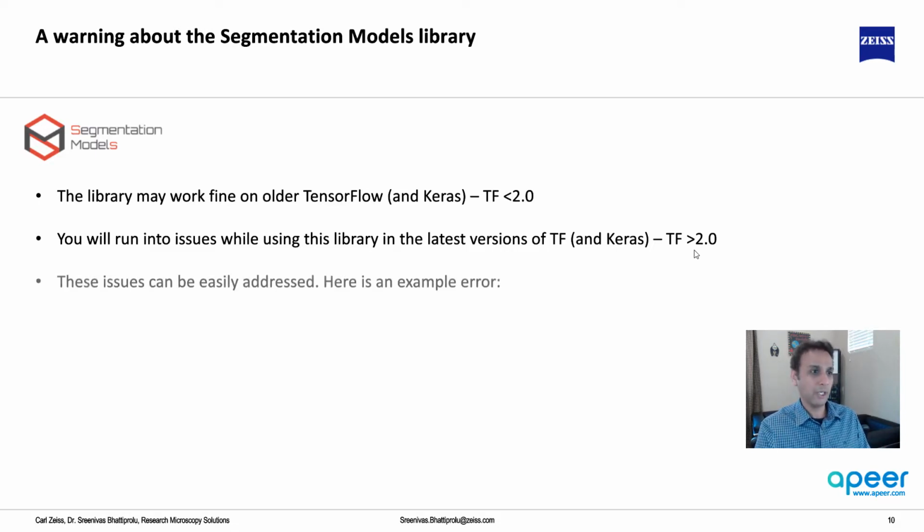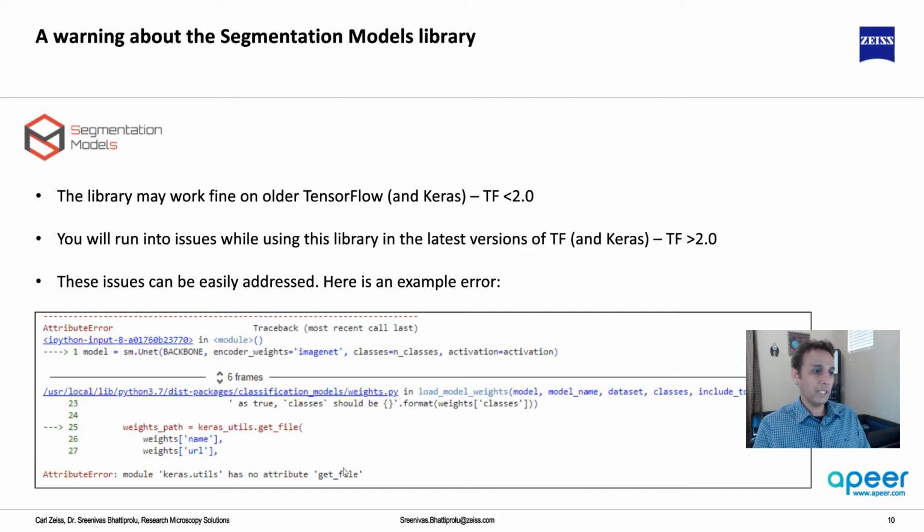And what issues am I talking about? Here is one, and most of the errors are very similar. I'm just showing you one error. The type of error will show up depending on what backbone you're trying to pick. I don't remember which backbone this is. This is probably the ResNet backbone, where you see we are trying to get encoder weights to be ImageNet, and Google Colab threw this error.